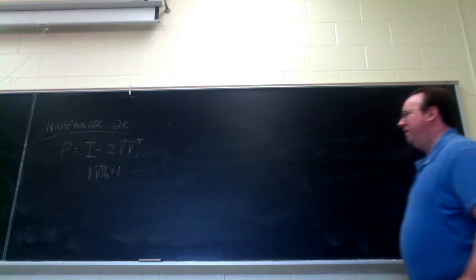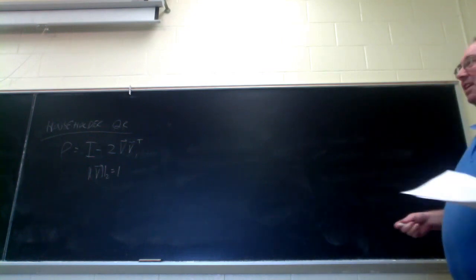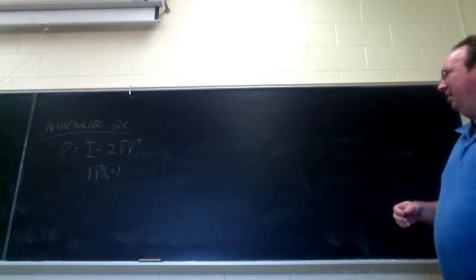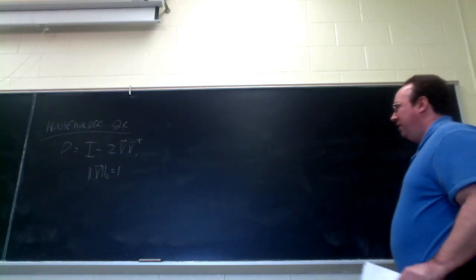So, P is identity minus 2VV transpose. I'm going to simplify the definition a little bit here, where V is required to be a unit vector. Last time I had UU transpose over U transpose U, where U could be any non-zero vector, but if we make it a unit vector, then we can stick with this.